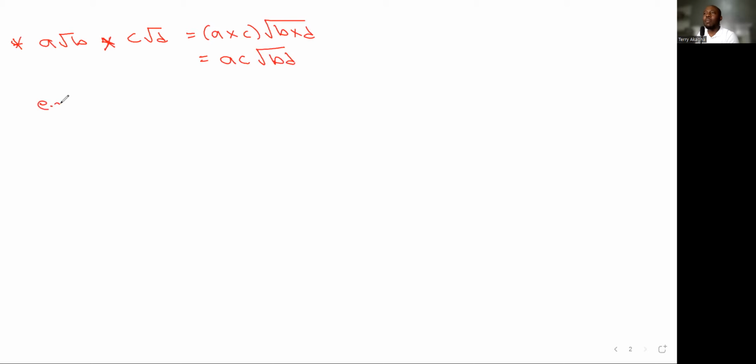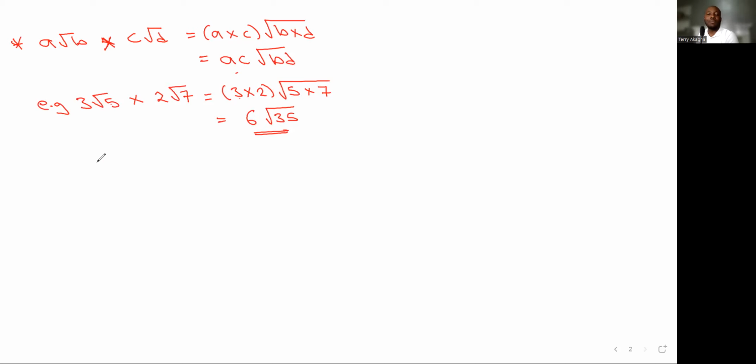So for example, let's say we have 3 root 5 multiplied by 2 root 7. All right? So it's going to give us 3 times 2 multiplied by 5 times 7. So that will give you 3 times 2 is 6, root 5 times 7 is what? 35. Okay?